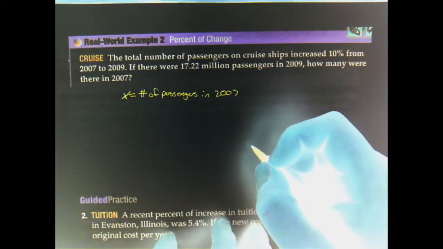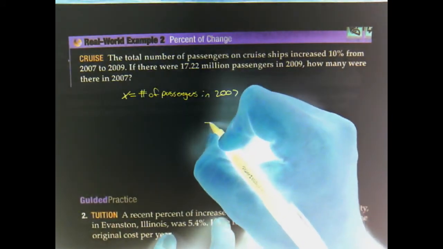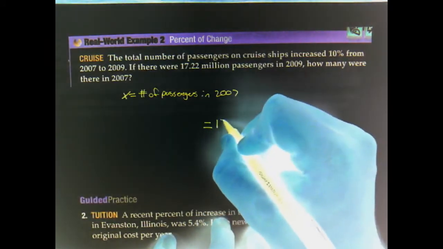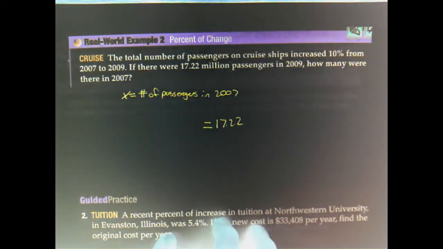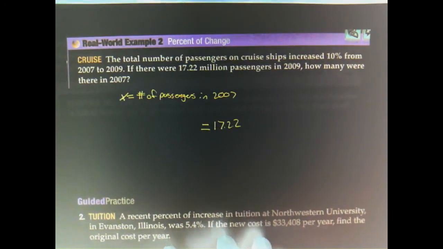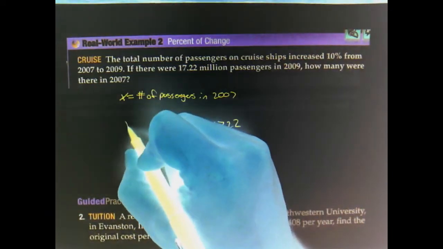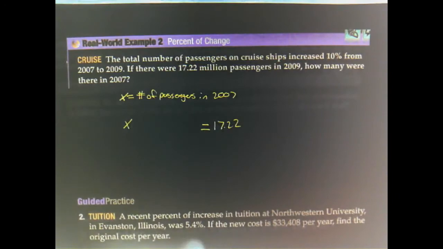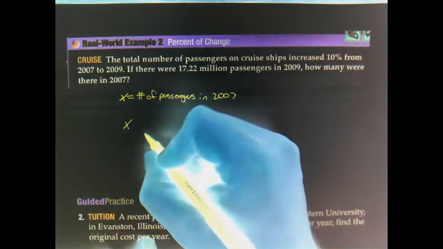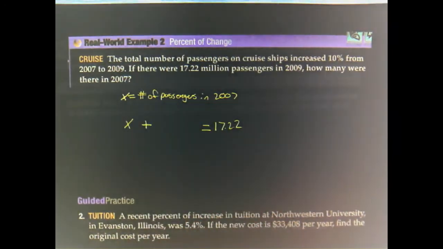So if I start writing an equation, I know that I'm going to end up at 17.22 million passengers. But how did I get there? That's what I'm concerned with. I started with the number of passengers in 2007. And then I added a 10% increase. Well, how do you find 10% of the passengers in 2007?